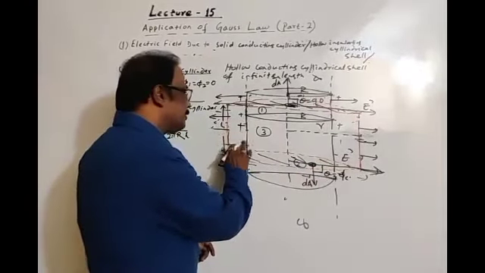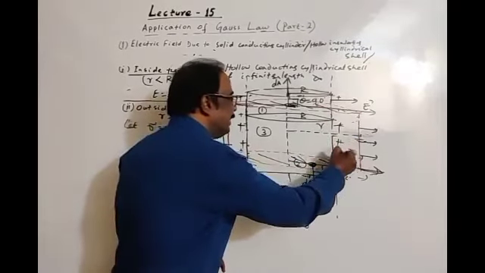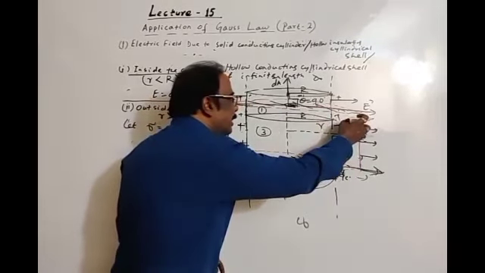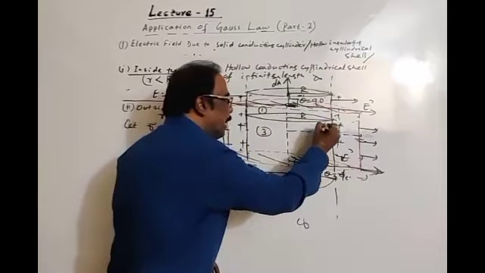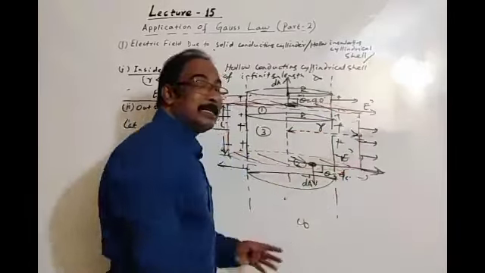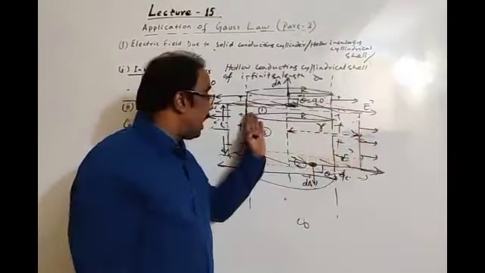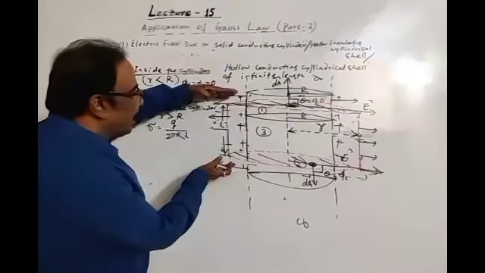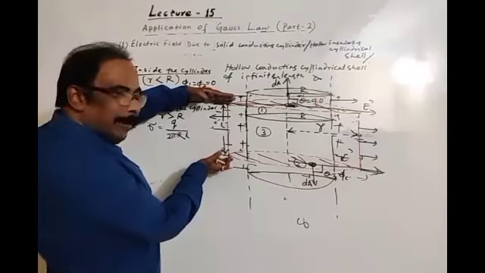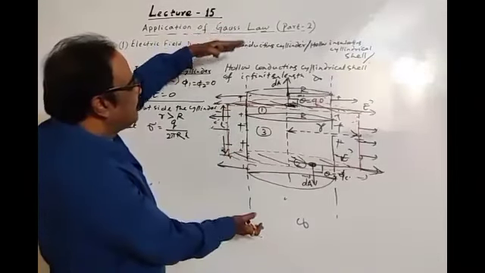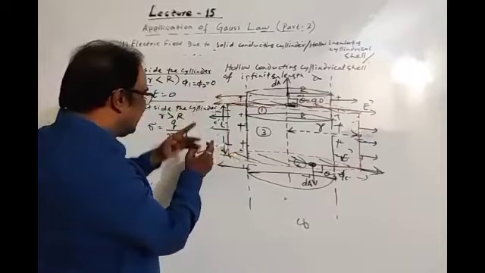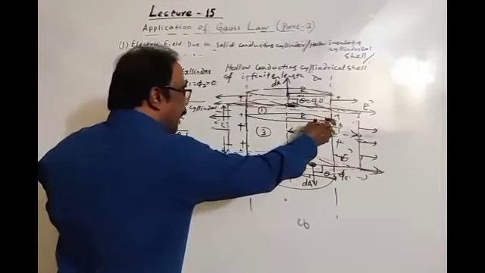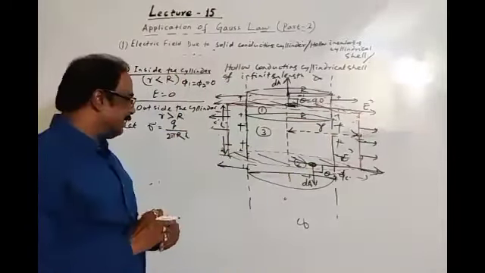This is a cylinder of radius r, the imaginary Gaussian surface. So the charge is on this cylinder of radius capital R. We take length L, since the cylinder is infinitely long. If you take length L, then the area is 2 pi r times L.